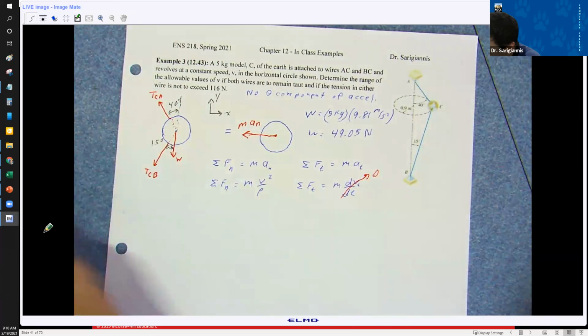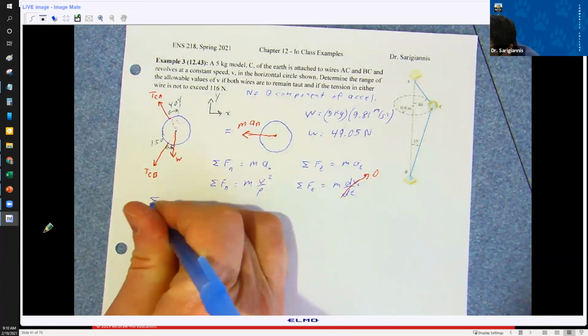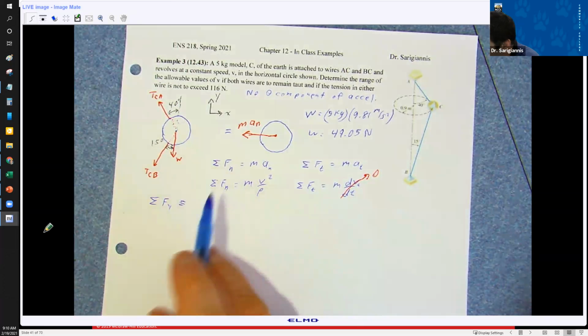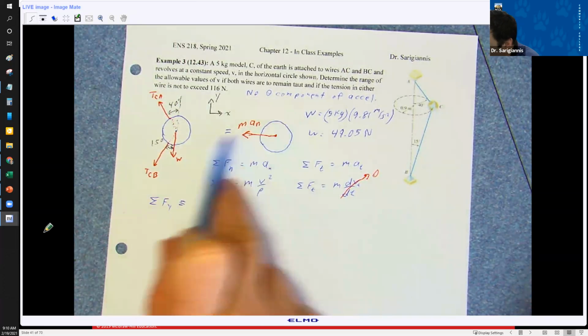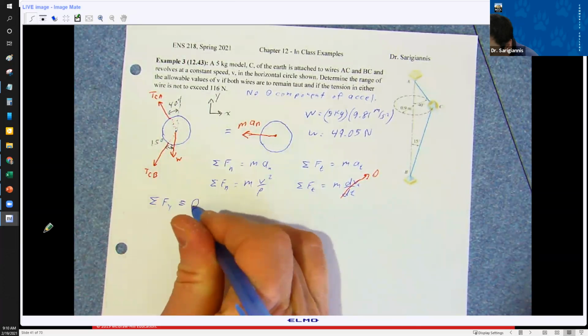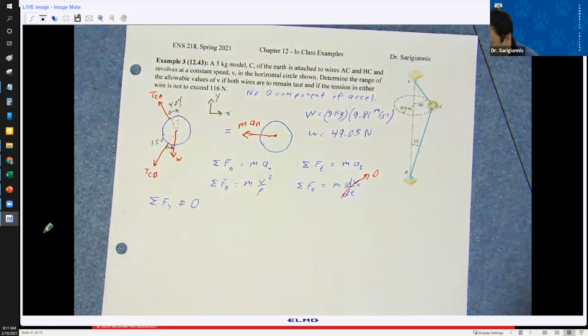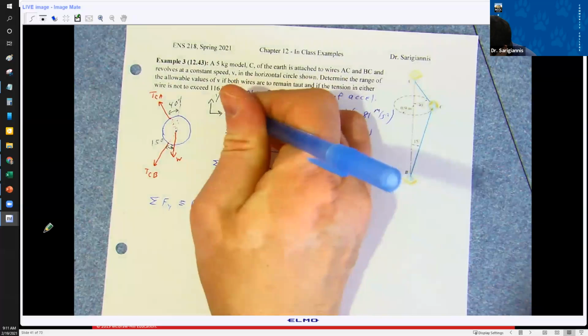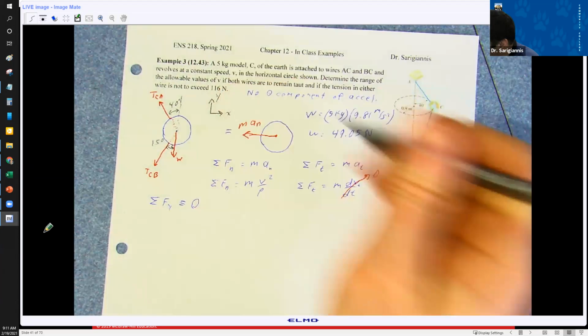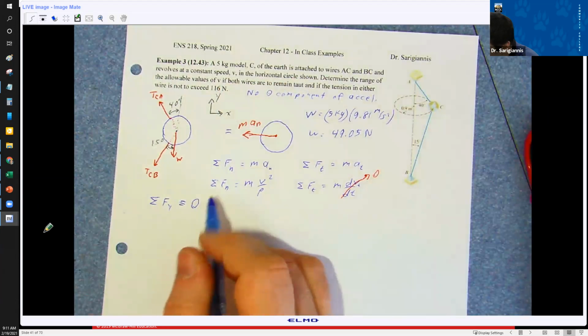Sum of the forces in y. All right. So the sum of the forces in y, notice there's no y component of acceleration. So this is just going to equal 0, right? And let me just also put x. X up here is also, well, it's negative normal. We'll get to that in a minute.